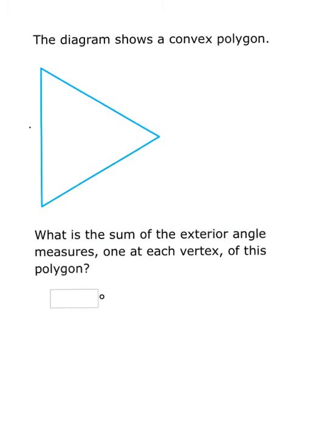Alright, so let's take a look at an IXL question. The diagram shows a convex polygon. What is the sum of the exterior angle measures, one at each vertex of this polygon? So it sounds kind of wordy, but basically we're just wanting to find the sum of the exterior angles of this polygon.